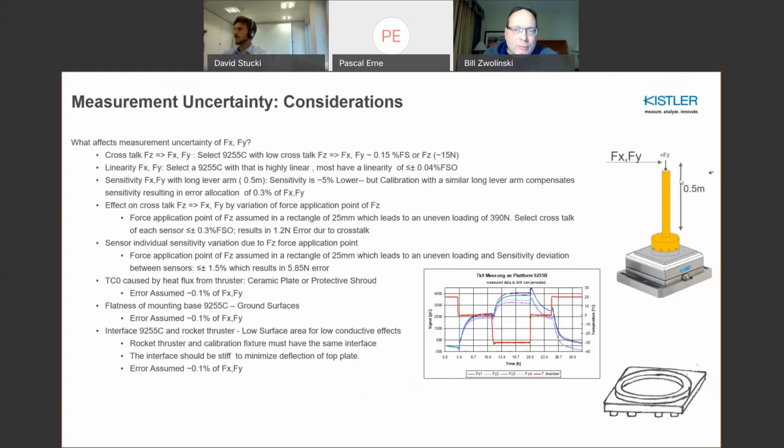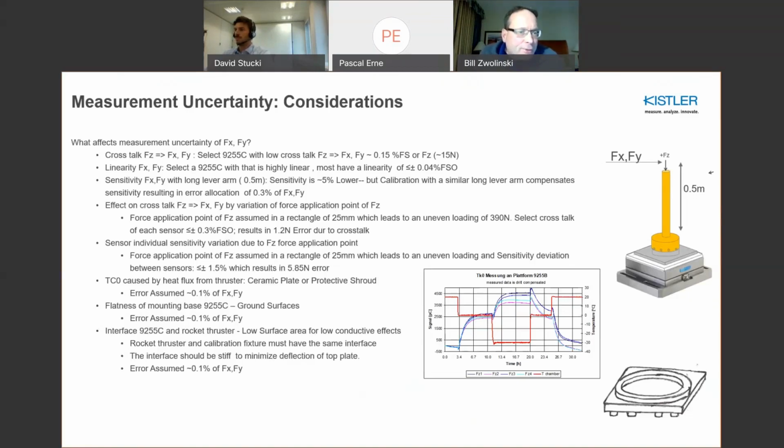So having a calibration test stand that represents the motor itself can get you down to a very low error in the sensitivity with regard to that force application point, or where the nozzle location is. Certainly the effect of crosstalk on the variation of the FZ application, doing an allocation on that, and sensor individual sensitivity variation with FZ force uncertainties.